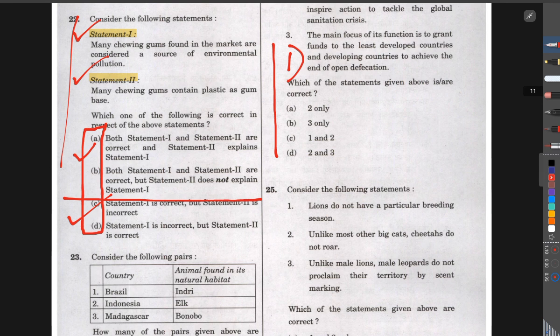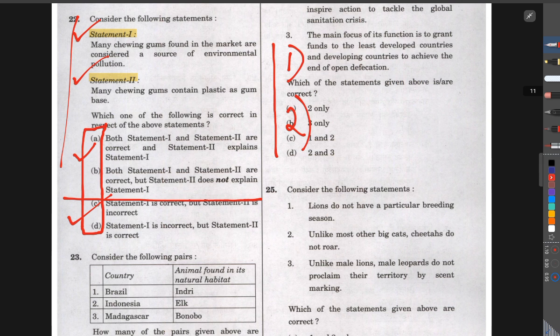The second observation is that once you have found out that statement 1 and statement 2 are right, you can go to either A or B. The next thing you have to do is find out whether statement 2 is the correct explanation for statement 1. That's the next step.